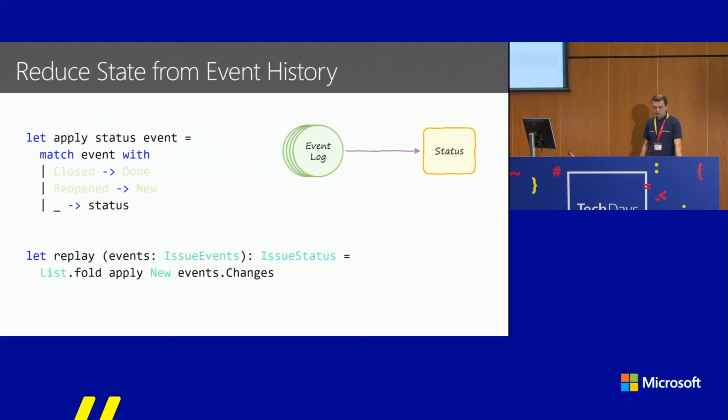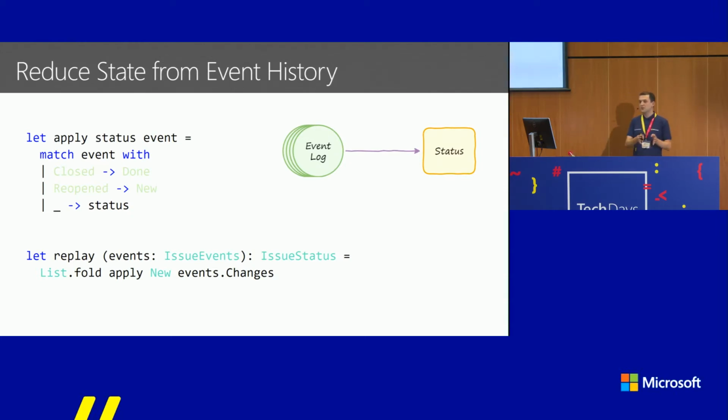And then, of course, I define a function, replay, which gets event log and produces status. This is probably the most functional, geeky statement in the whole presentation. If you ever did an aggregate statement in LINQ, that's the same thing. List fold, so it goes through all the events in the collection.